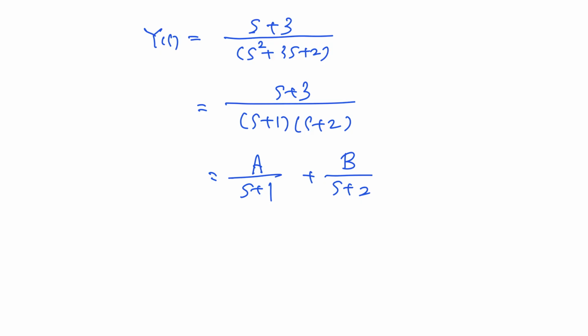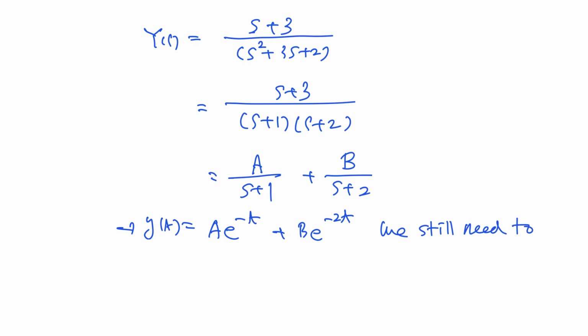So we already know the solution, right? So y of t is a times exponential minus t plus b times exponential minus 2t, right? So we need to determine the coefficients a and b, right? We still need to determine a and b.